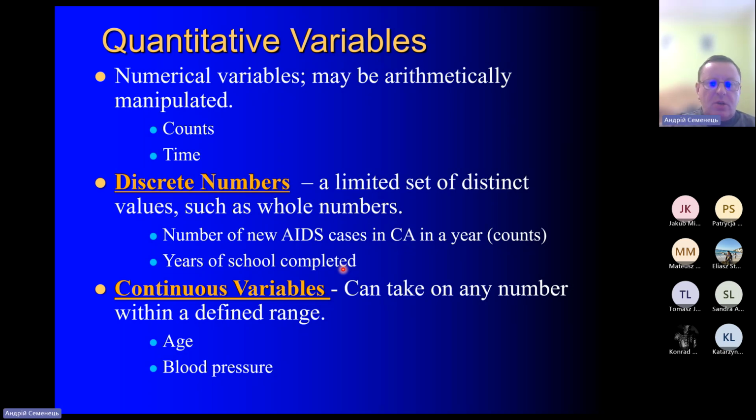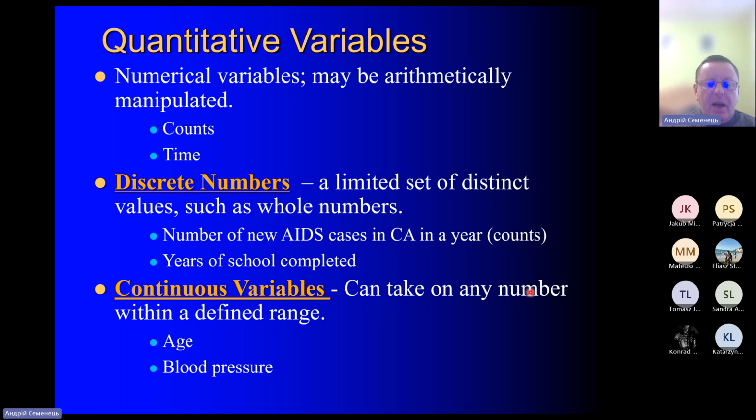So anyway, right now I move on to quantitative variables. Here we have examples of discrete numbers and continuous variables. The major difference: the number of patients in a hospital or the number of students in a university are discrete numbers.